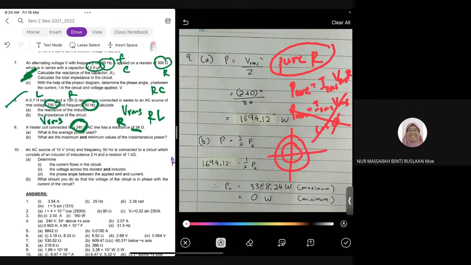V dengan I adalah in phase. So you tak ada angle. Yang ada phi hanyalah RC, RL atau RCL. So you just terus guna direct lah. P average equals to I RMS, V RMS R. So P average equals to I RMS, V RMS R.